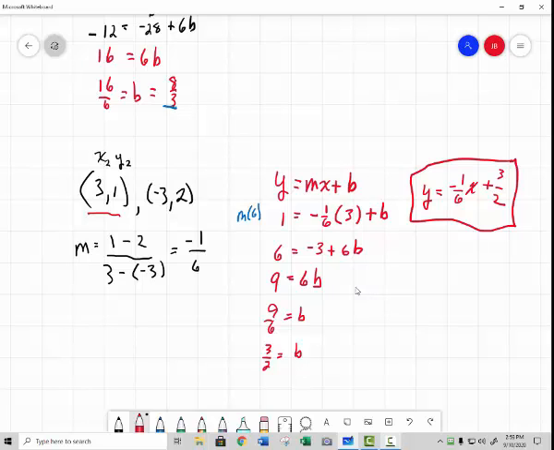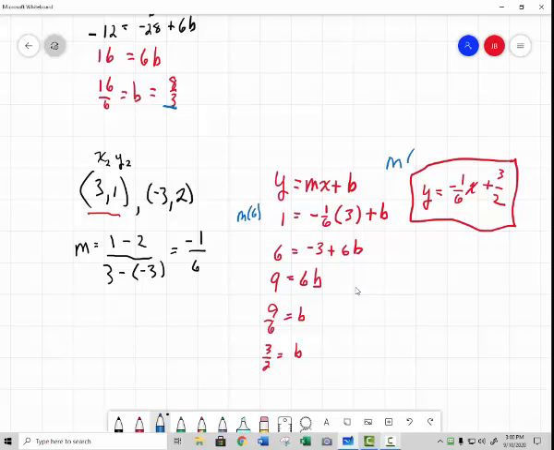Now, let's go ahead and take this equation and see if we can't change it into standard form. This is slope-intercept. Let's go to standard form. Well, the first thing that I would do is multiply this by 6.